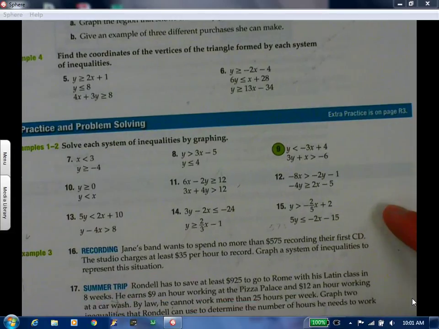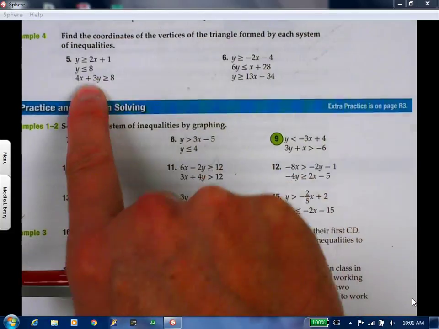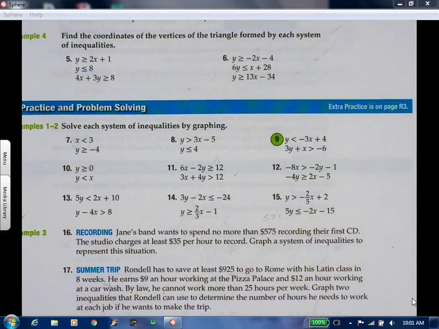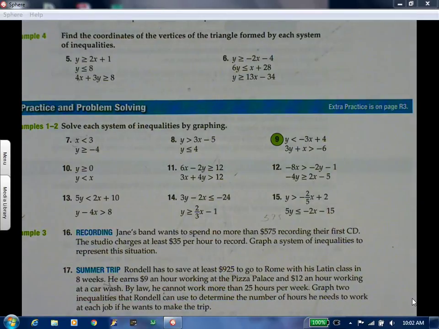So for this, you basically have to graph each one of these three. Those are 3 sides of a triangle. On the bottom one, what will you have to do with that? So solve for y. You have to solve for y. Okay.